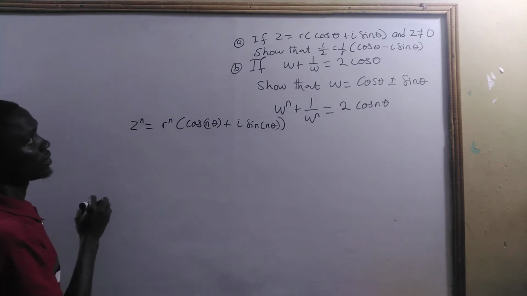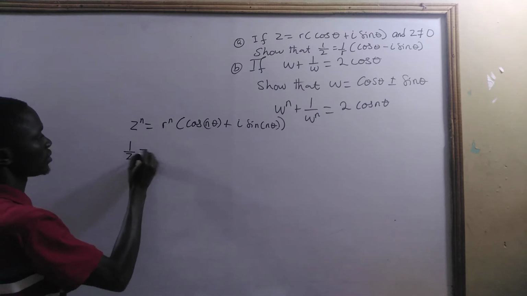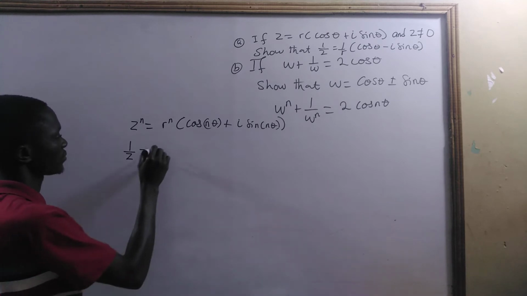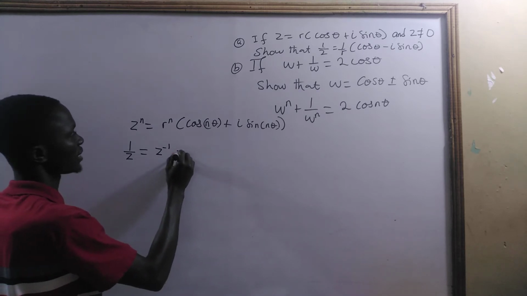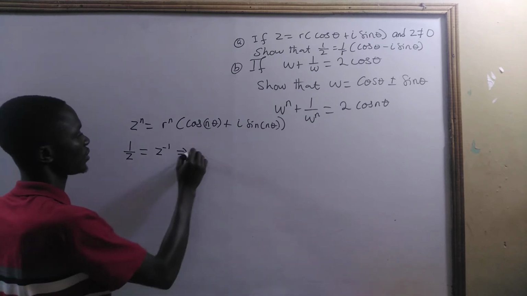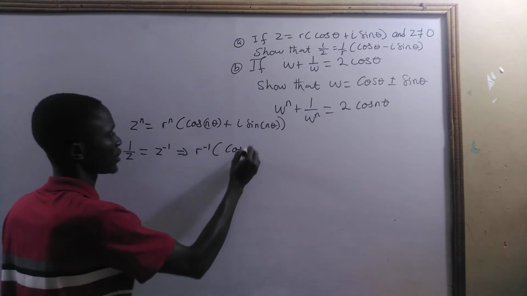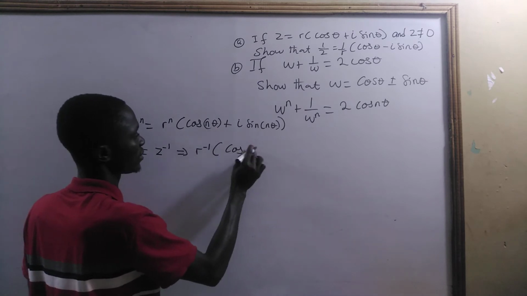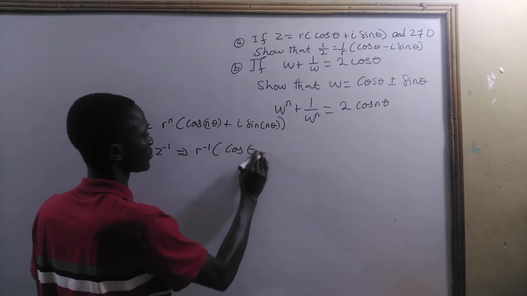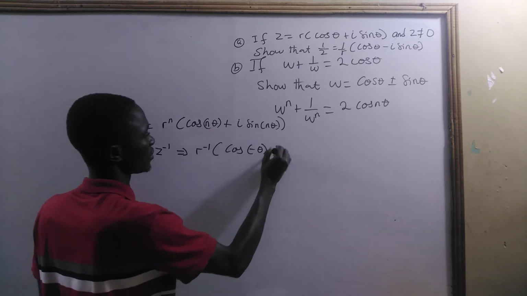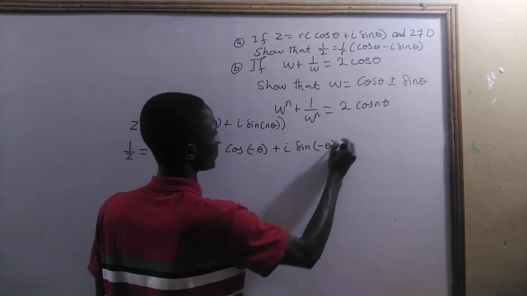So here, 1 over z equals z to the power negative 1, and this implies that we are going to have r to the power negative 1 times cosine of negative 1 times theta, our n is negative 1, so negative theta, plus i sine of negative 1 times theta, negative theta.